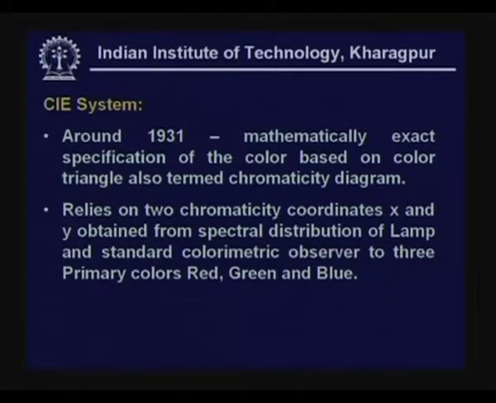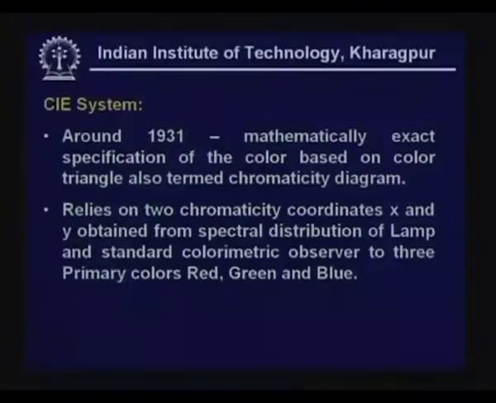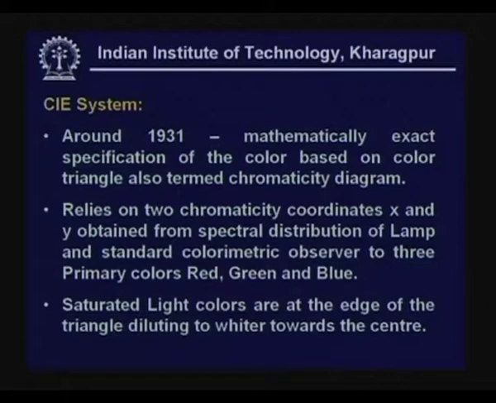Then, based on standard colorimetric observations to three primary colors, the primary colors spanning over the entire visible spectrum are red, green and blue. In fact, we know that most color monitors do use this kind of a combination to arrive at the colors that are required.